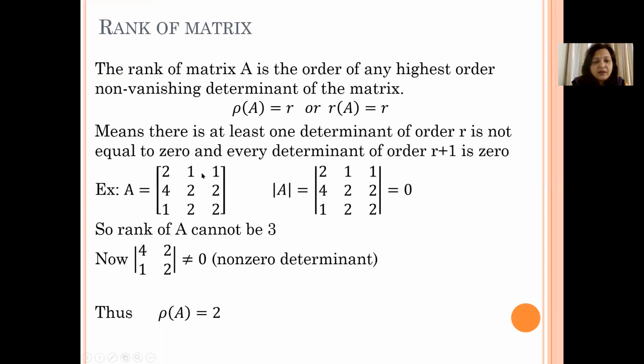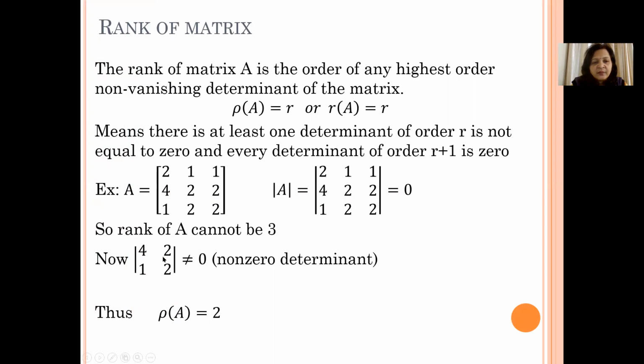For example, if we take this matrix, we can see here the determinant of order 3 is 0 because here first and second rows are same. So the determinant of this matrix of order 3 is 0, so the rank of matrix A cannot be 3 here.